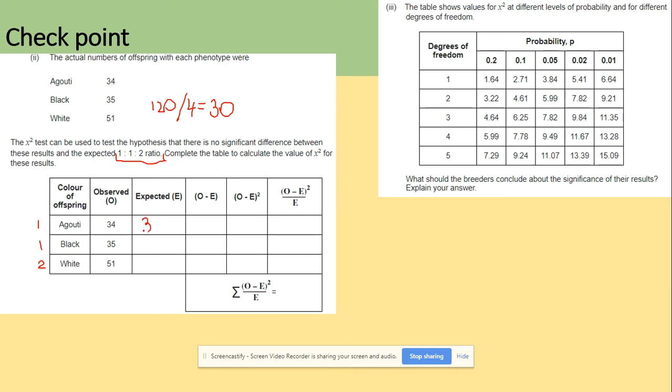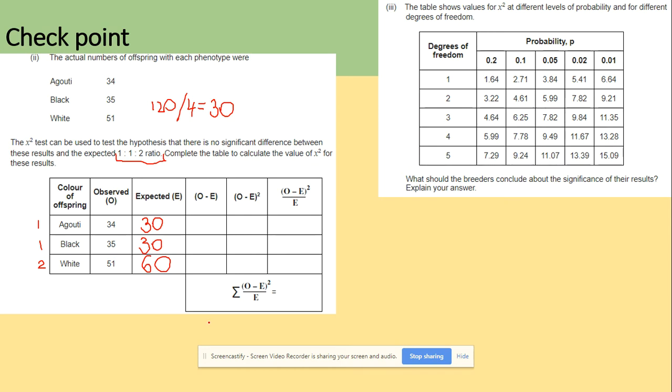So my expected value here will be 30, 30, okay, and 2 times what I've worked out here, hence 60, okay. Then you obviously undergo the calculations and do this for each of the rows. So observed minus expected, okay, so 34 minus 30 squared divided by number of expected. So you're following this until you finish.